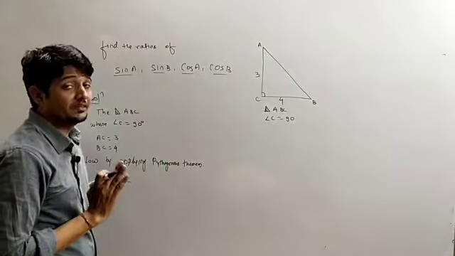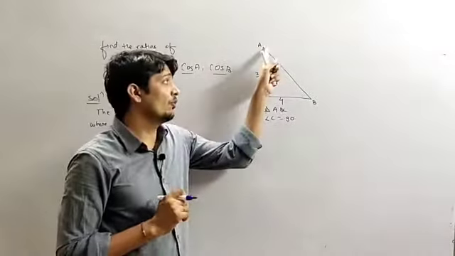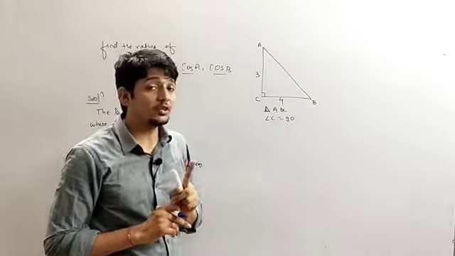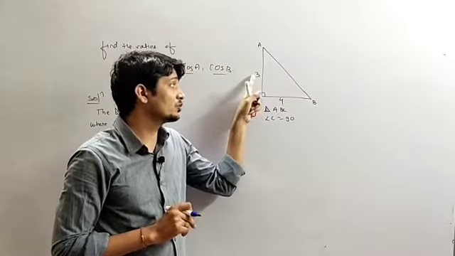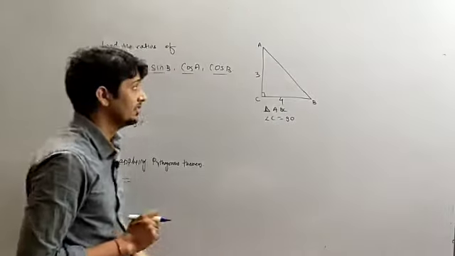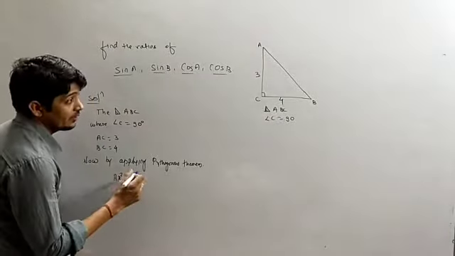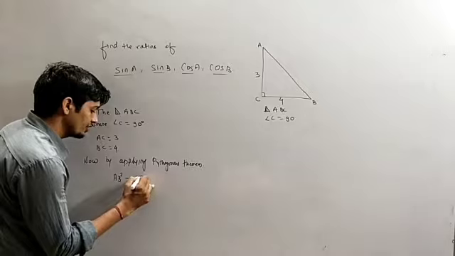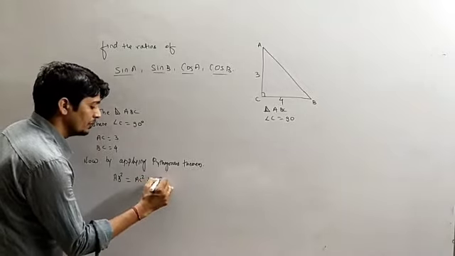What is the Pythagoras theorem? It says the square of the hypotenuse is always equal to the sum of the squares of the other two sides. That means AB square equals AC square plus BC square.